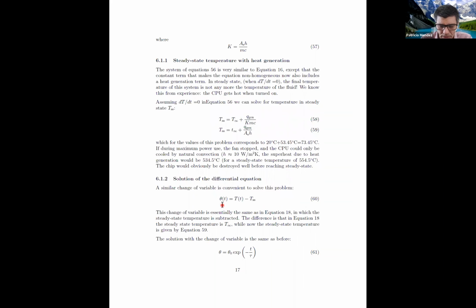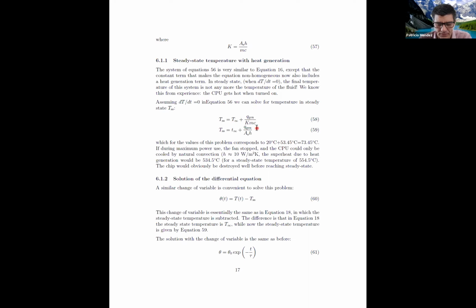Sure enough, we get this formula. For a convection coefficient of 100 watts per meter square Kelvin, assuming that the forced convection from the fan has that coefficient, the chip would be operating in steady state at 73 degrees.